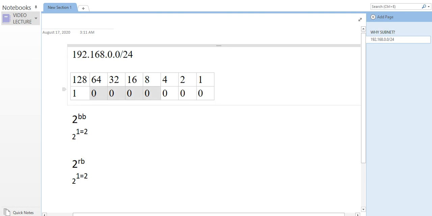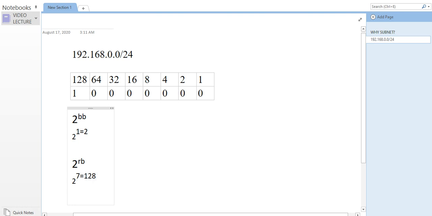The bits that are remaining here are 1, 2, 3, 4, 5, 6, 7. So 2 to the power of 7 is what we are looking for, and 2 to the power of 7 gives you 128.